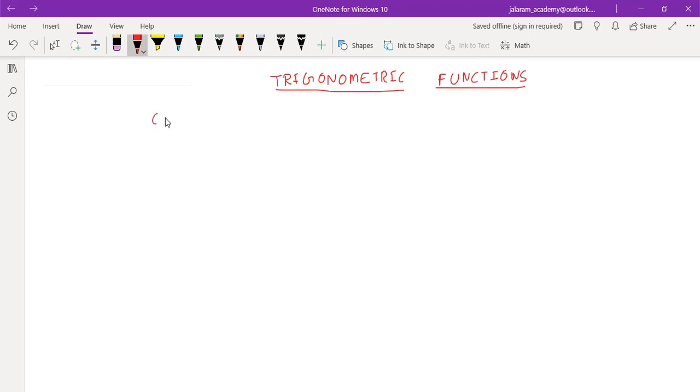Compound angles. Compound means the sum of two angles or the difference of two angles, and then their trigonometric ratios. Compound angles means trigonometric ratios.